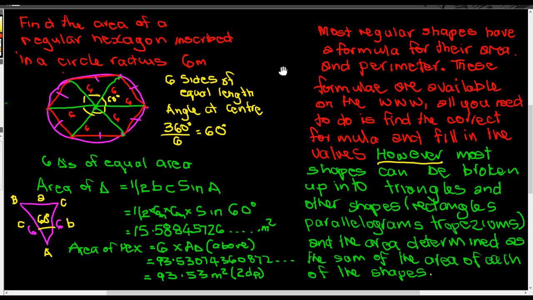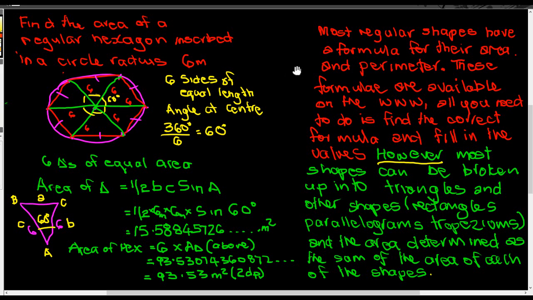However, and this is what I've demonstrated here, most shapes can be broken up into triangles. Well, all shapes can be broken up into triangles. And for other shapes, you might want to use rectangles, parallelograms, trapeziums. These are the common ones that you should be certainly familiar with the formulas for.